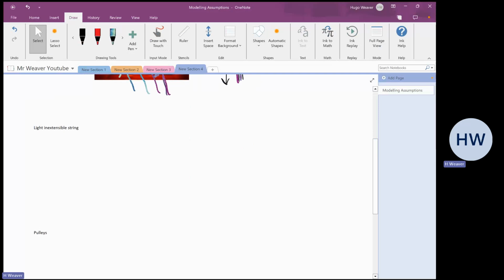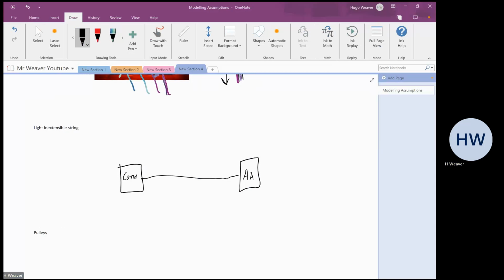Now the next is going to be a light inextensible string. So if we have our two cars here, pulling on a light inextensible string, what that basically means is, as the AA car is pulling the Corsa because it's broken down, that string won't get any longer. It stays at a fixed length.